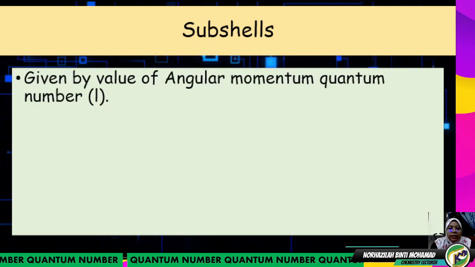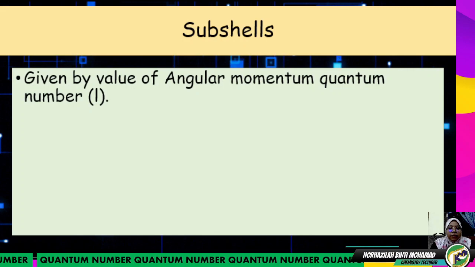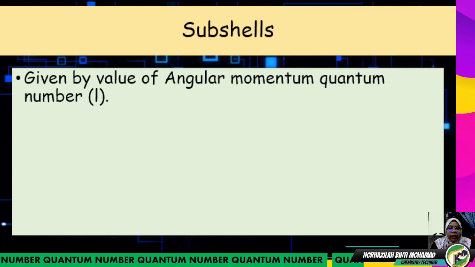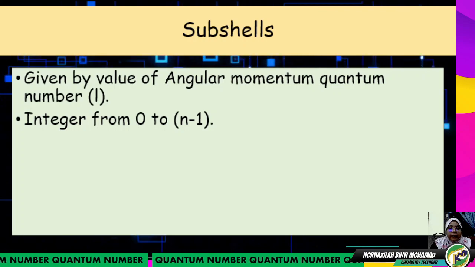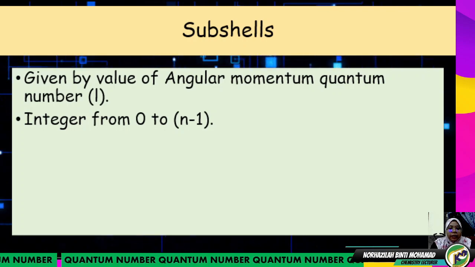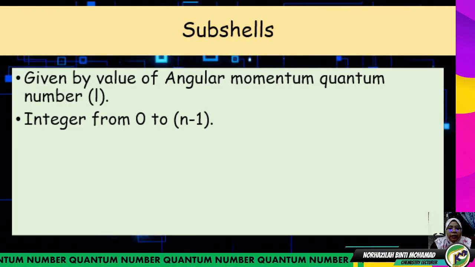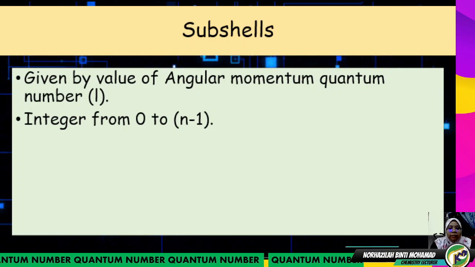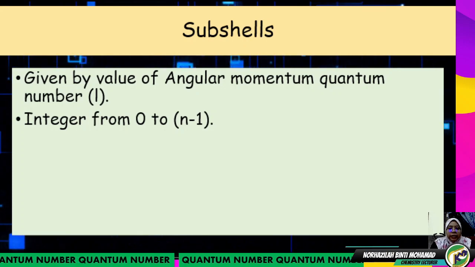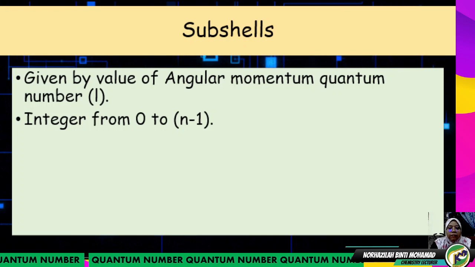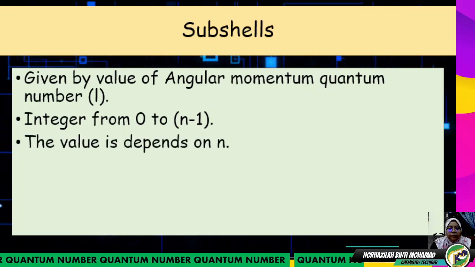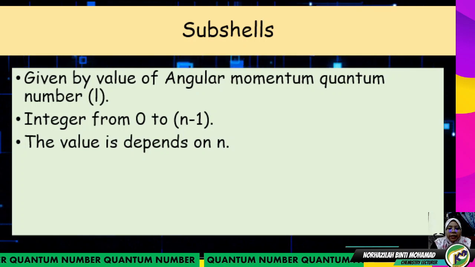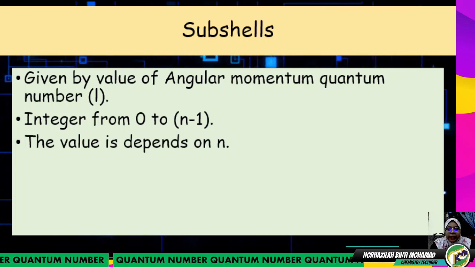The subshell is given by the value of the angular momentum quantum number l. The angular momentum quantum number is an integer starting from 0 to n minus 1. So the value depends on the principal quantum number n.